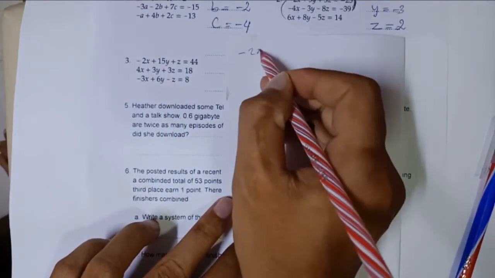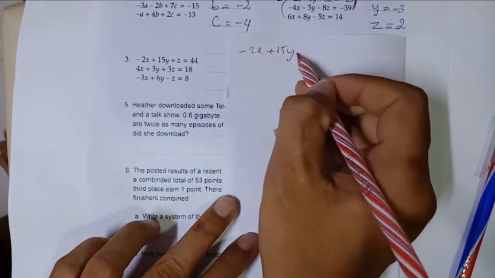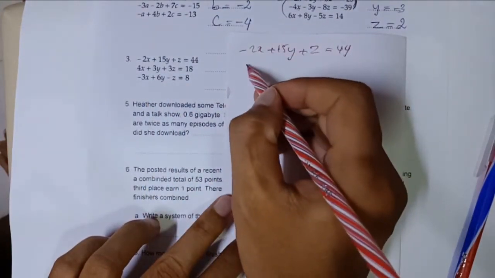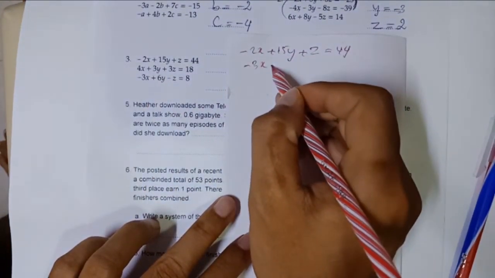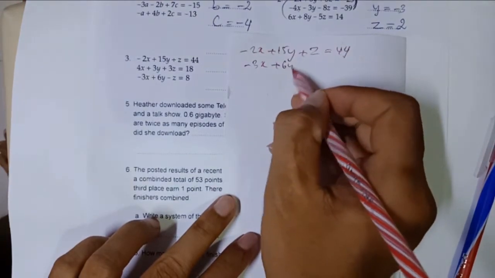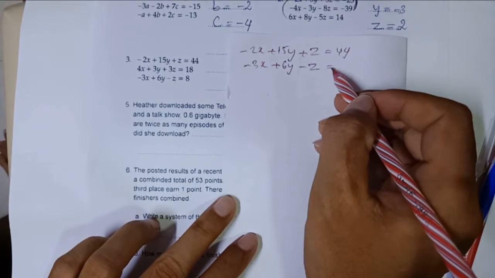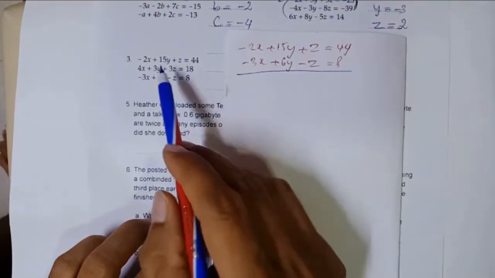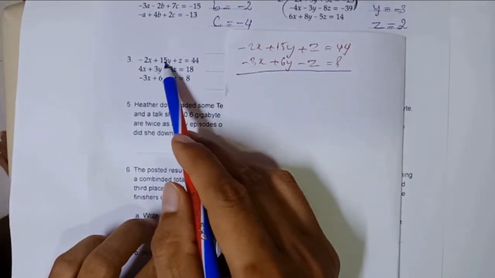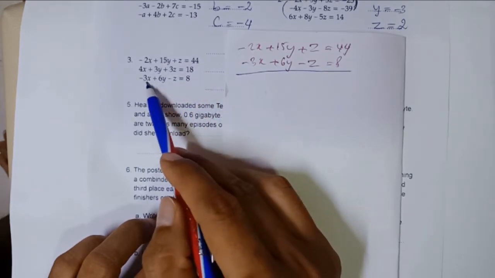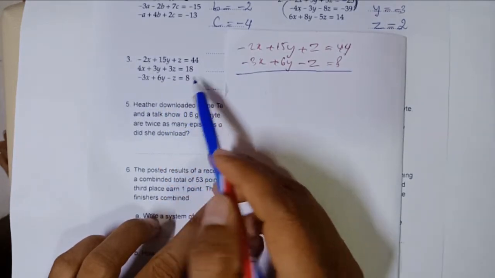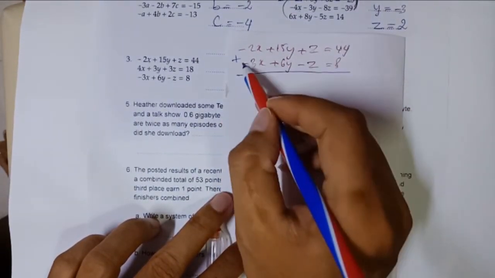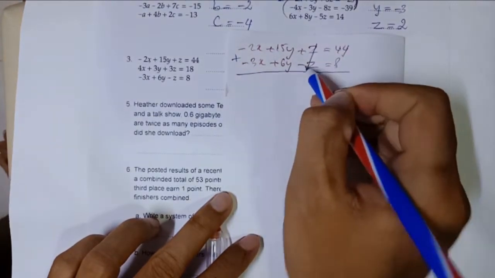So I have minus 2x plus 15y plus z equal to 44. I group this with the third one: minus 3x plus 6y minus z equal to 8. Let's simplify this together. I'm going to use plus in the middle. z plus minus z is eliminated.